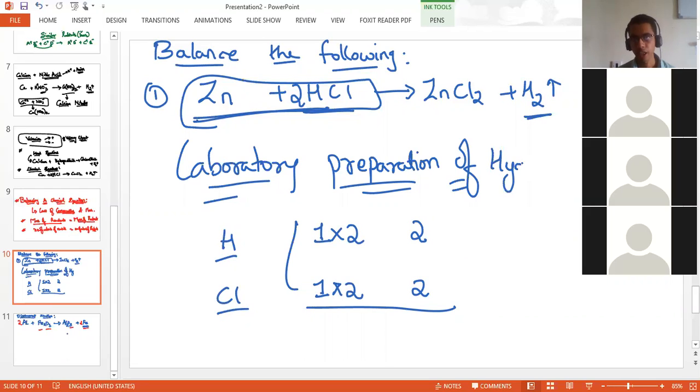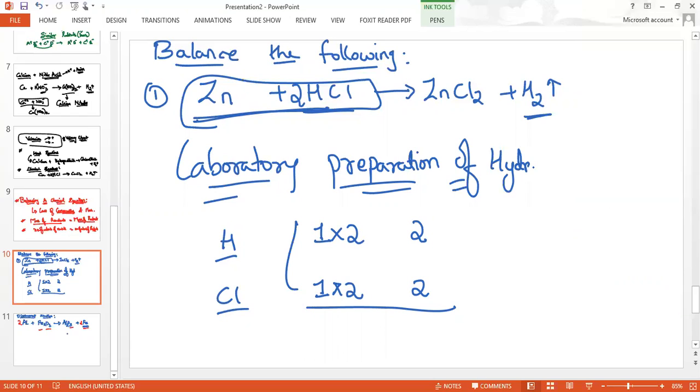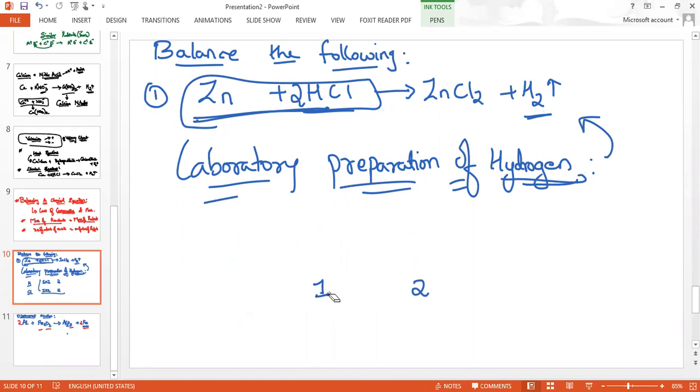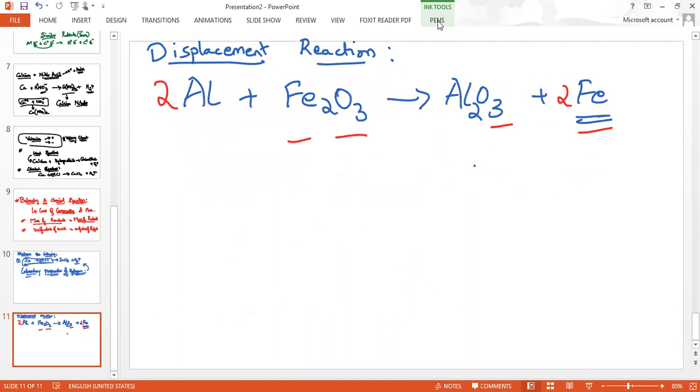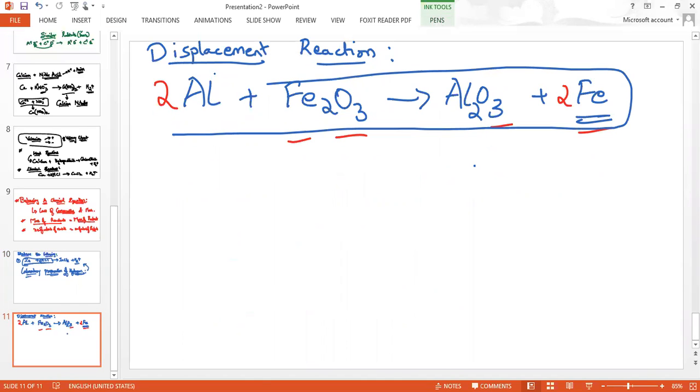It is a previous year question in boards, 2017, and such questions come. Laboratory preparation of hydrogen is zinc plus hydrogen chloride forming zinc chloride plus hydrogen. This is also an important example of a displacement reaction.